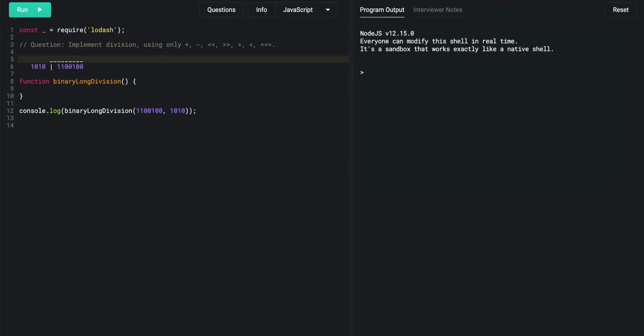Here's an example of what binary division might look like. There's a few different ways to do long division.